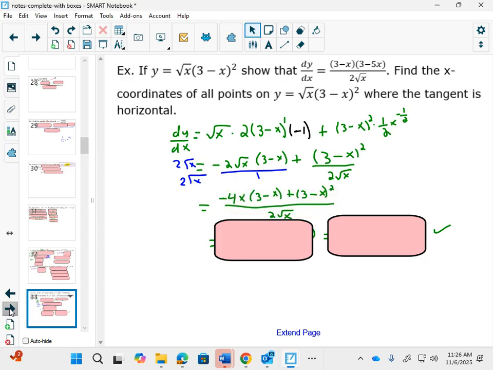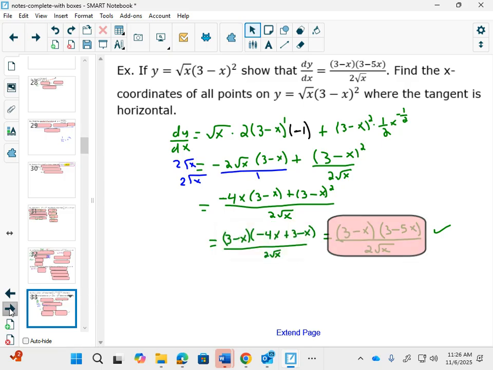That works out really nicely because then on the top my root x has become an x and 2 times -2 becomes a 4. And now I can just expand and simplify or factor out a 3 minus x to get the answer.